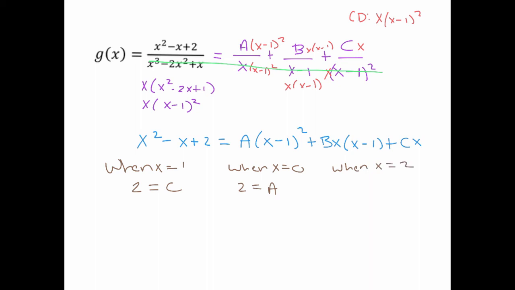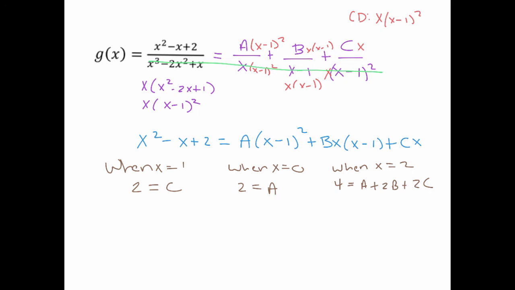When x equals 2, the left-hand side becomes 4. And the right-hand side becomes a plus 2b times 1, which is just 2b, plus 2c.